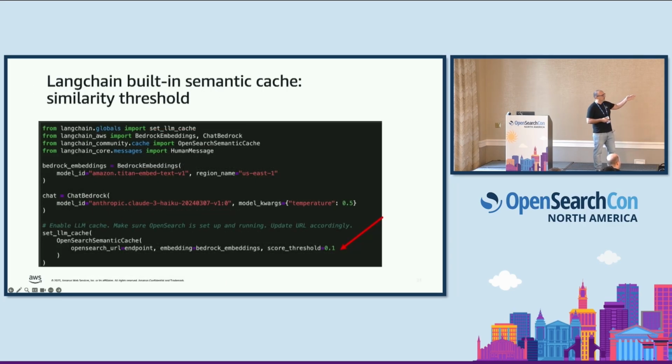This is a sample setup of how we set up OpenSearch with the LangChain built-in cache. I just want to highlight here that you also have a parameter for scoring threshold. This is where you can really fine-tune how similar you want the responses to be. It ranges between 0 and 1, 1 meaning an exact match.